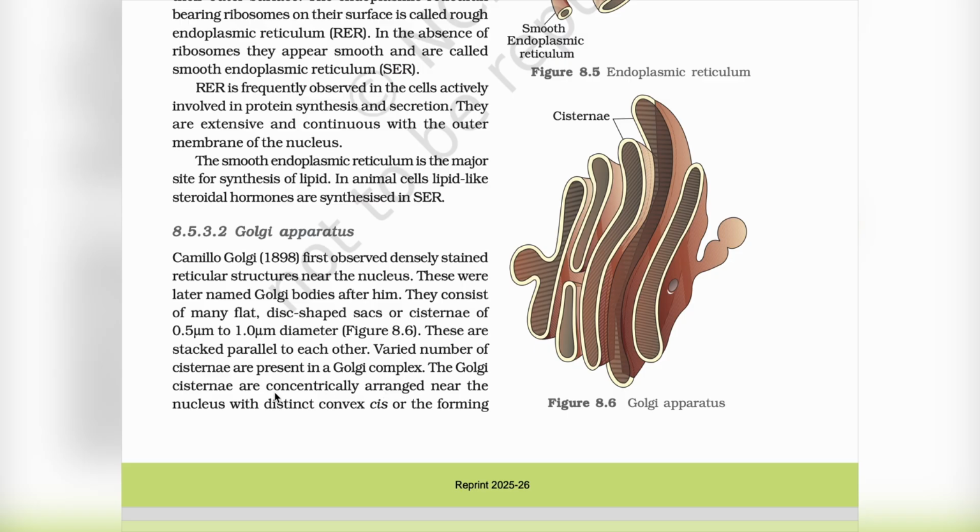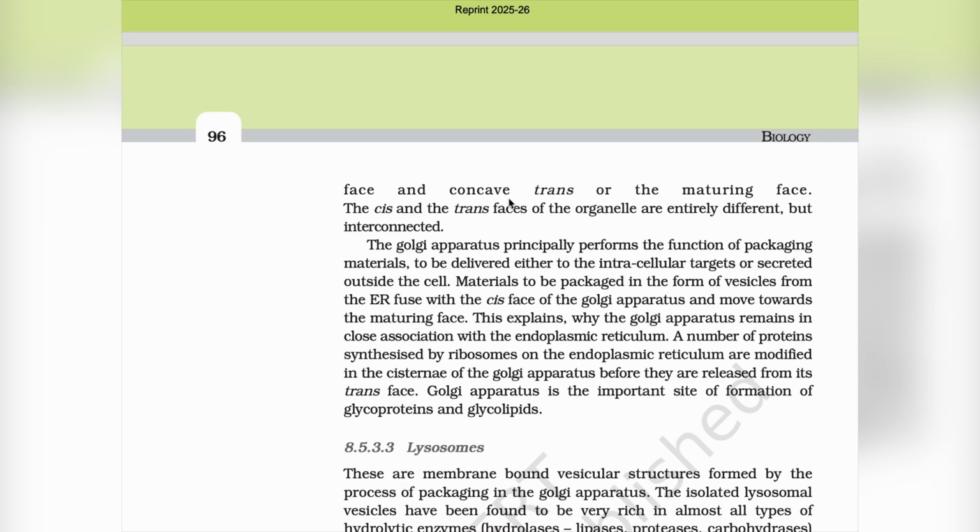The Golgi cisternae are concentrically arranged near the nucleus with distinct convex cis or the forming face and concave trans or the maturing face. The cis and trans faces of the organelle are entirely different but interconnected.